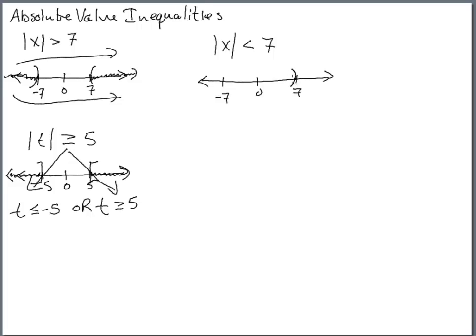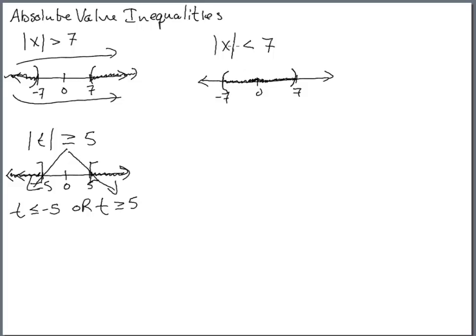So we get the idea: 6, 5, 4, 3, 2, 1, 0. They all work in here because they're already positive. And of course their opposites work in there too. Now as soon as we get down here to -7, we don't work anymore. If we start sticking in -8, -9, -10, you stick them into the absolute value, it turns them positive, and now it no longer is smaller than 7.